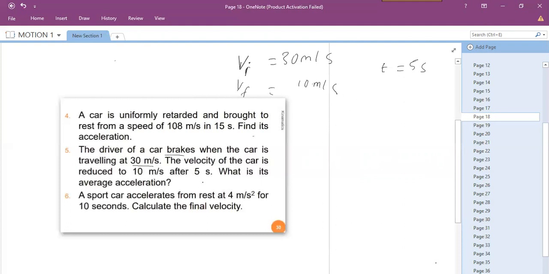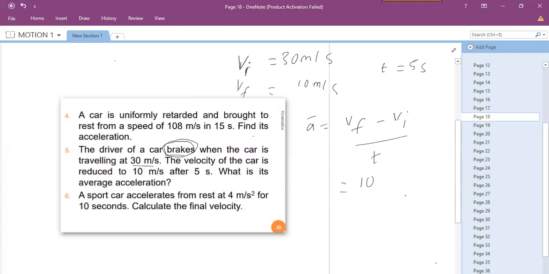Then the question is asking, what is the average acceleration? This is a direct change question. So you just say acceleration is final velocity minus initial velocity over time. Here we are saying the driver of a car brakes, so we are taking into account retardation again.